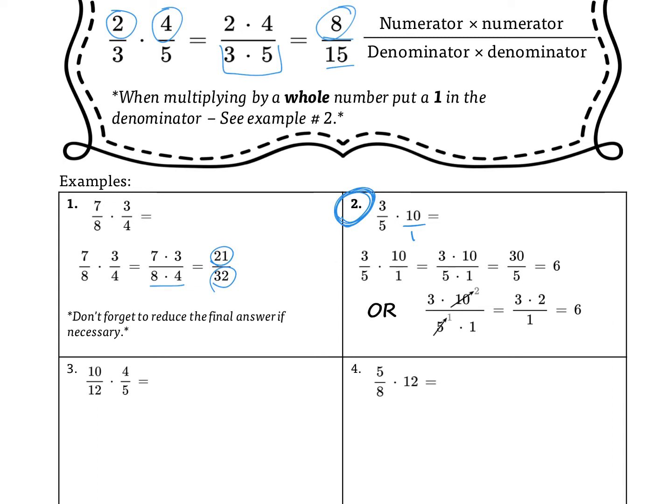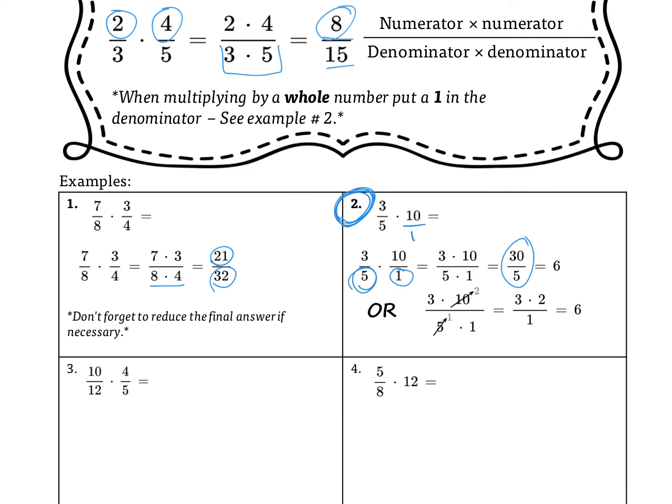So I'm actually just rewriting 10 as a fraction. So that way it gives me that denominator, which then allows me to multiply 5 times something. Because I need my denominator and my 3/5 need something to be multiplied by. And in this case, it's going to be 1. And then 3 times 10 is 30. So what I have is 30 divided by 5, and that gives me 6.